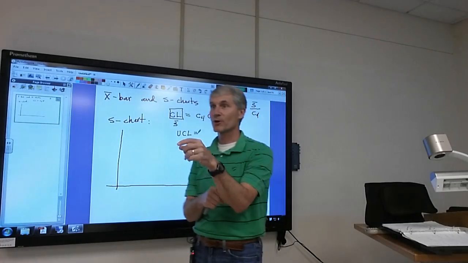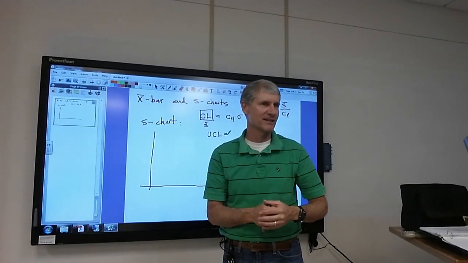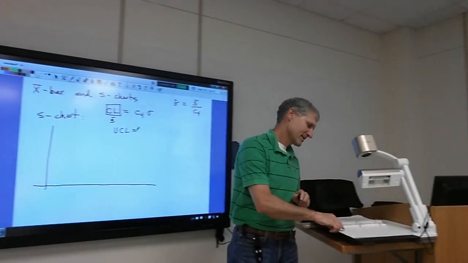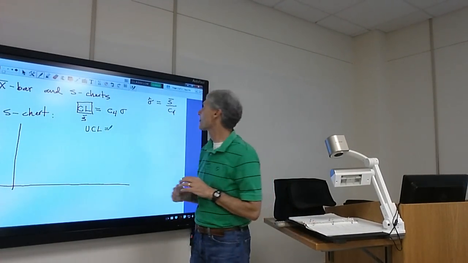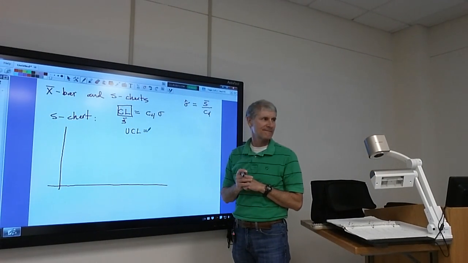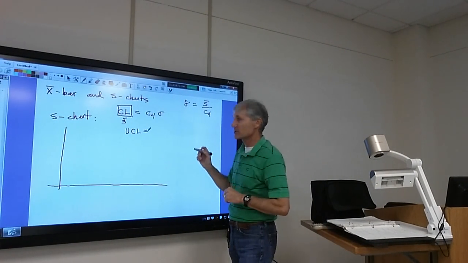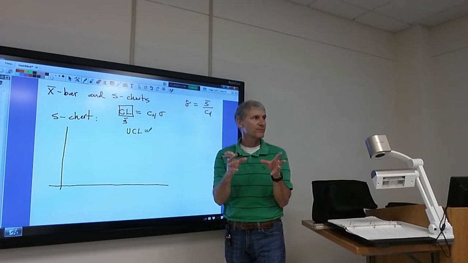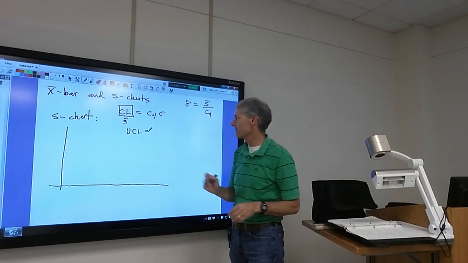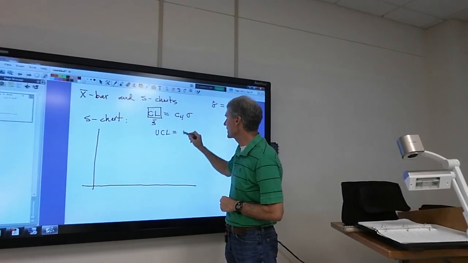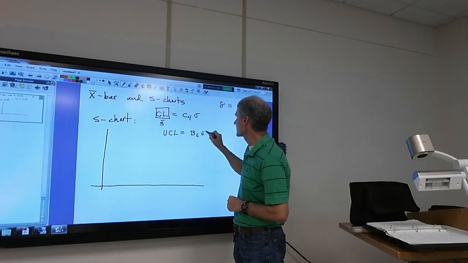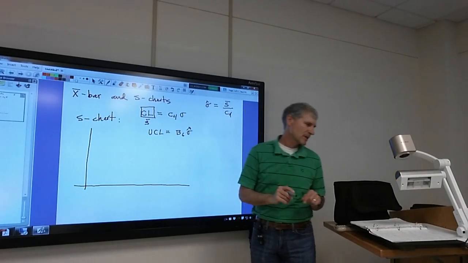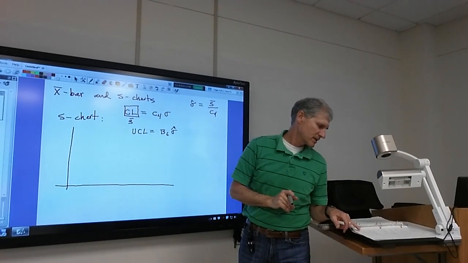Yeah, it's one of those constants. It's B6 times sigma hat, right? So is B6 always the same number? I'll show you in just a second, but it depends on the sample size. We get it from a table. Okay. So the upper limit is B6 times sigma hat. Right? And what is the lower limit?